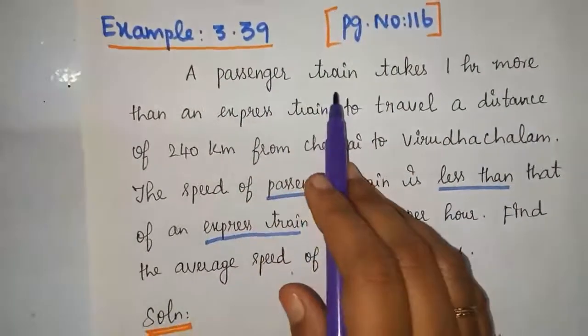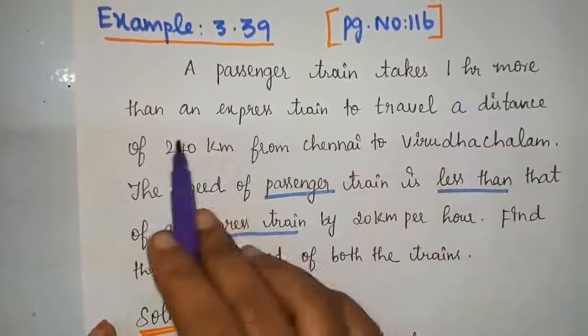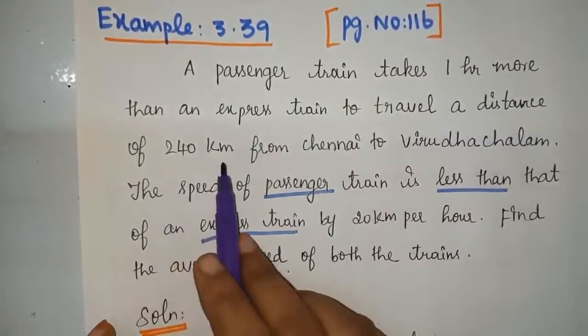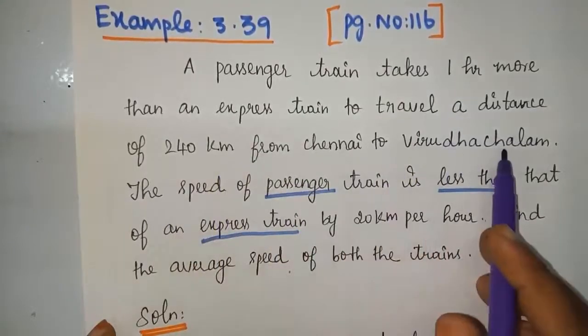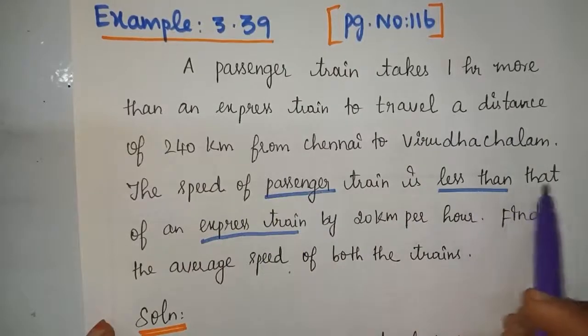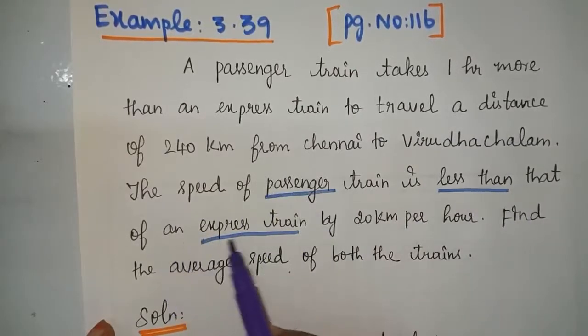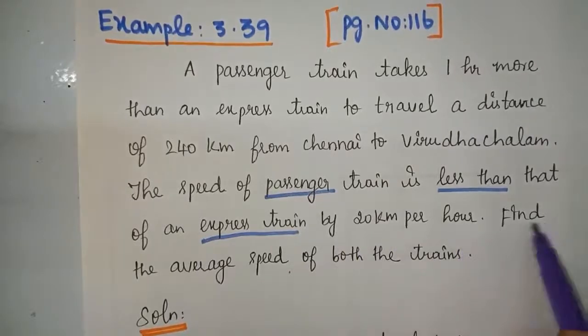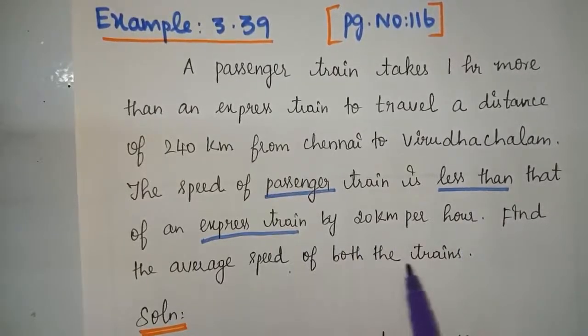A passenger train takes 1 hour more than an express train to travel a distance of 240 km from Chennai to Virudhachalam. The speed of the passenger train is less than that of an express train by 20 km per hour. Find the average speed of both the trains.